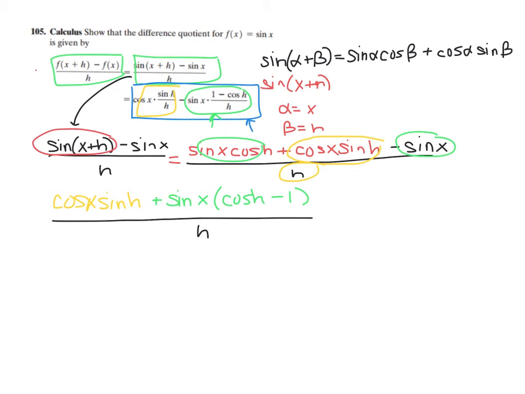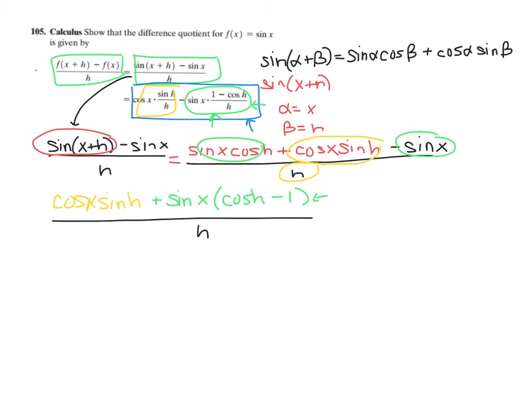So I want you to notice that this part that I have in green is very, very similar to what I have up here. The only issue is that the thing above that's circled has a 1 minus cosine of h, whereas the thing below has a cosine of h minus 1. In order to account for that, I can factor out a negative 1.